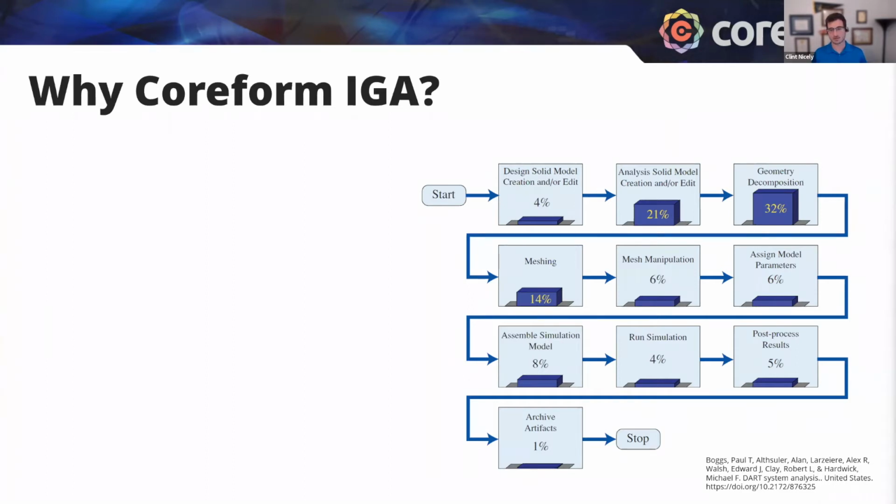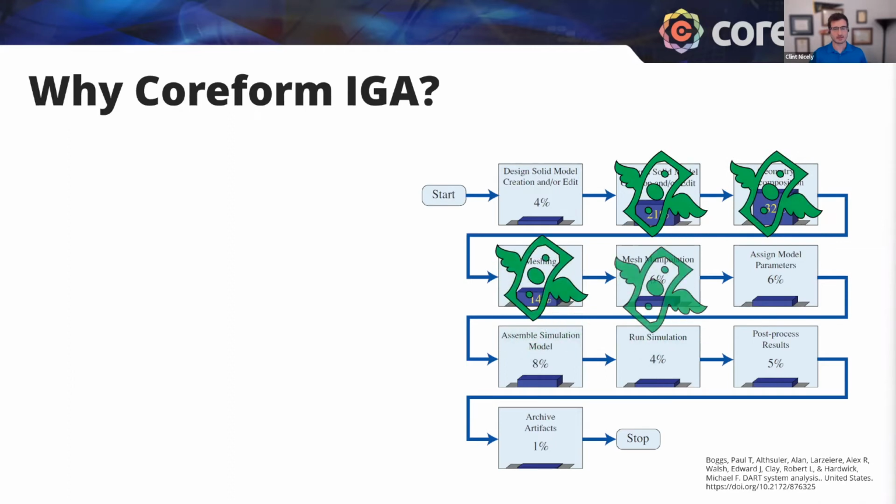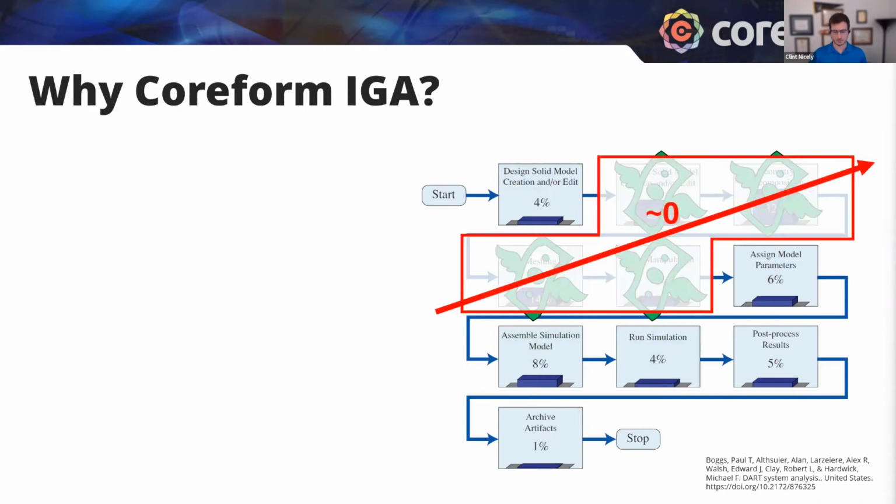This all has to do with getting your model in, simplified, meshed, and ready to run. So the goal of isogeometric analysis is to make these steps go to almost nothing, to where if there is any work that needs to be done on there, it is because the user desires to do it and not because it is needed to run an analysis.